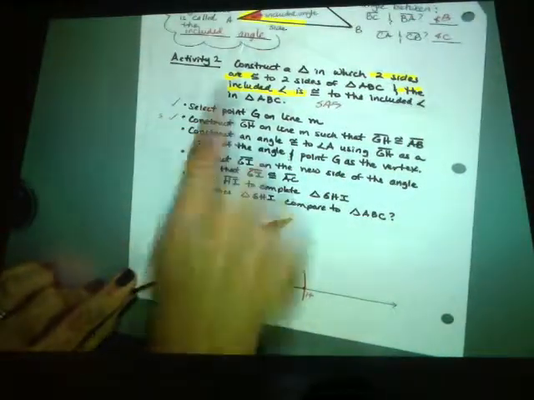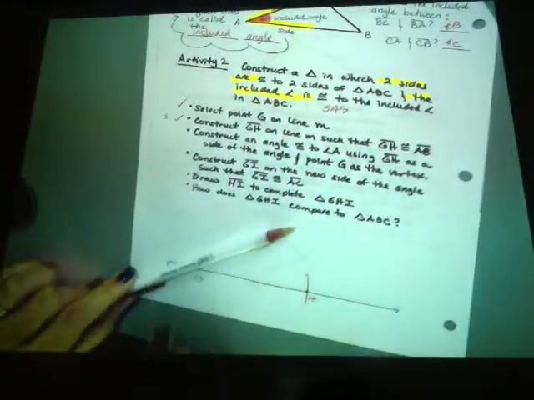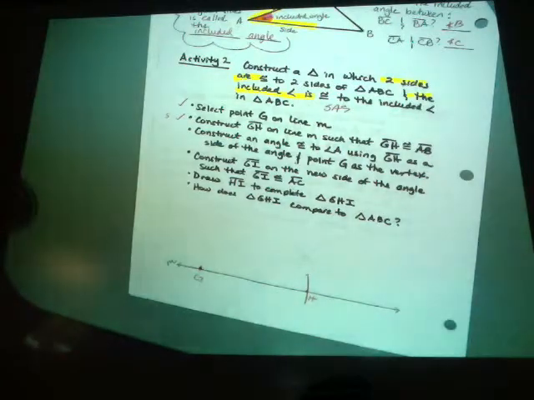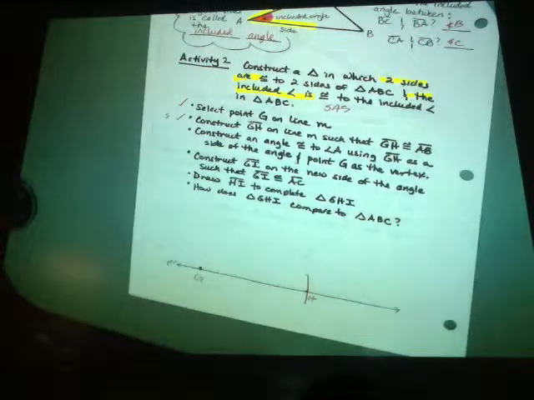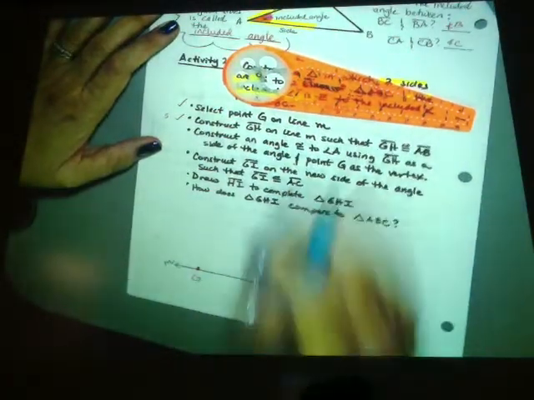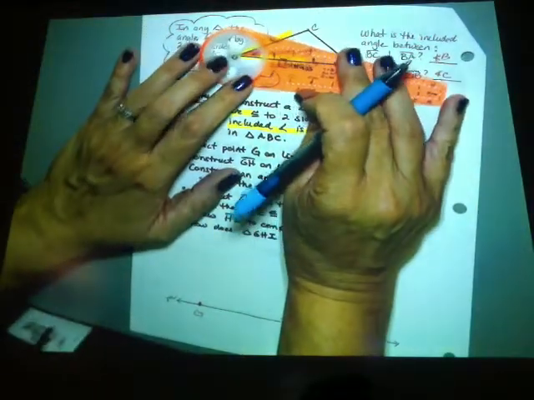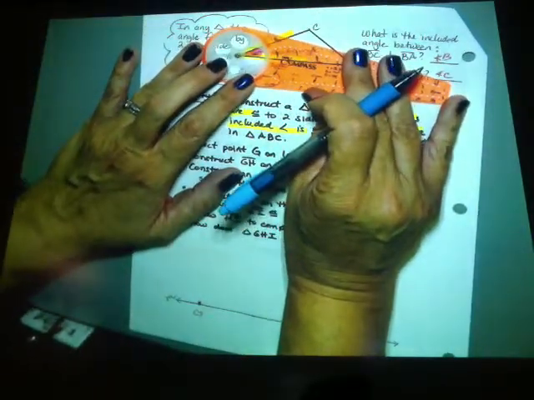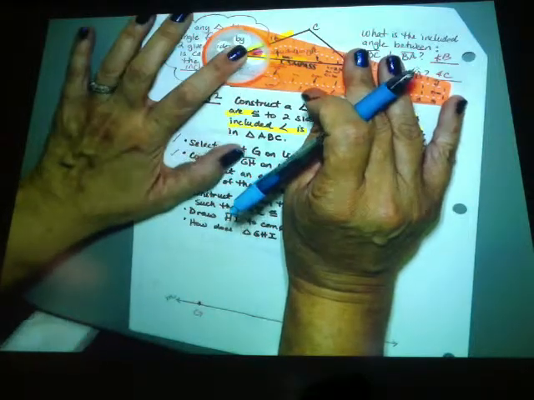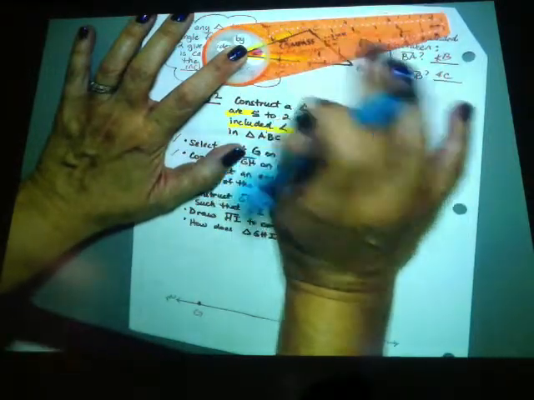So G should correspond to A. So we're going to create a congruent angle. So some of us had issues with this last week, right? So here we go. So I'm going to use a different color. We're going to go up here to this triangle. Put your brad on A. Anybody remember the first step? Nope. What's the first step?